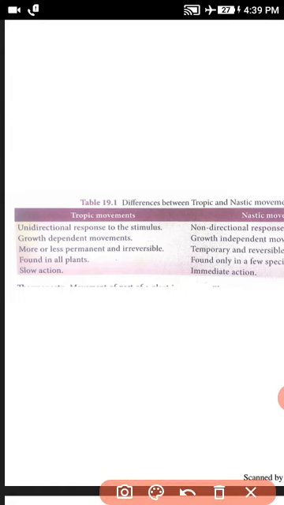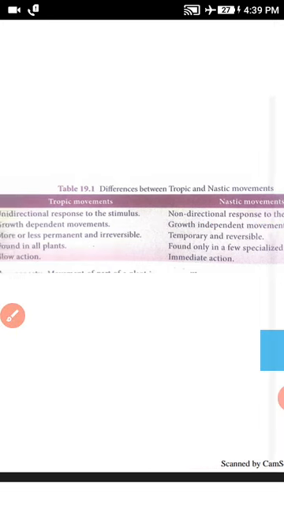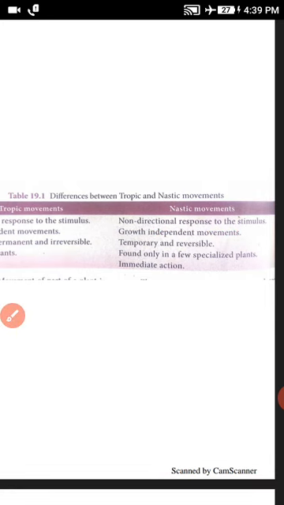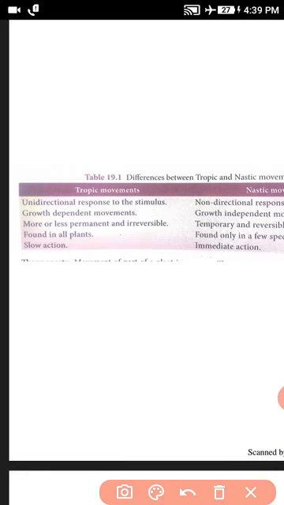So tropic movements are a unidirectional response to stimuli. Next, nastic movements are non-directional responses to stimuli. Non-directional response to stimuli means the flowers open and close.